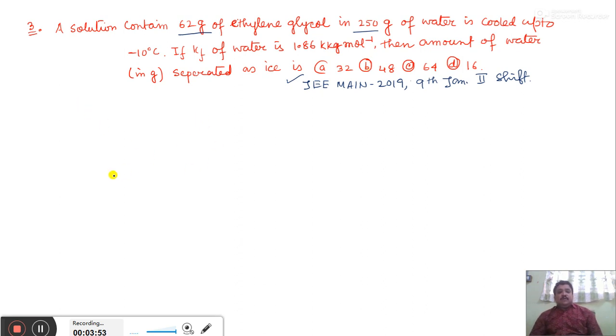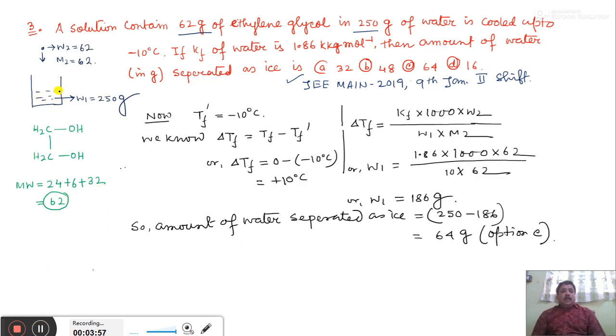Now if we draw a picture according to the question, W1 is 250 gram water, and 62 gram ethylene glycol is added to it. We know the molecular weight of ethylene glycol is 62, so M2 is 62.